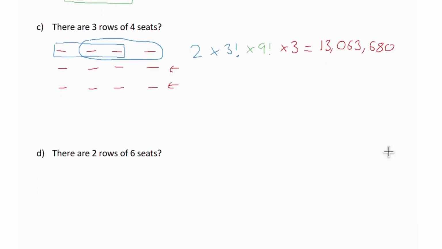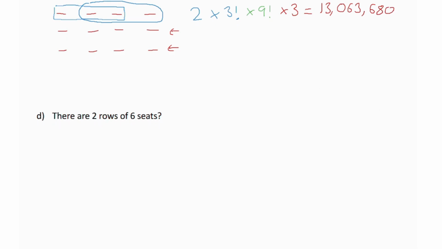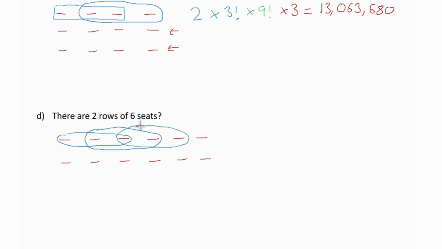Now let's think about what happens if there were 2 rows of 6 seats. So this time 1, 2, 3, 4, 5, 6. 1, 2, 3, 4, 5, 6. So now we need to think about where could they be placed. Well, let's again just assume to start with that they're going to be in the front row. So the options are they could be those 3 seats, or they could be those 3 seats, or they could be those 3 seats, or they could be those 3 seats.